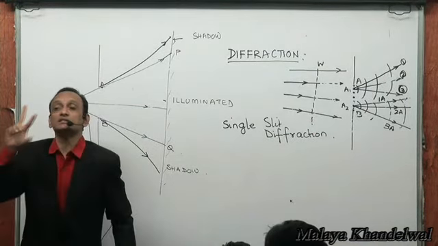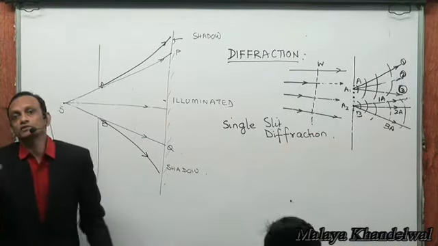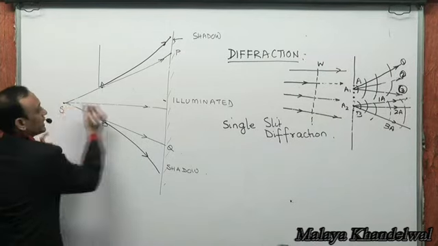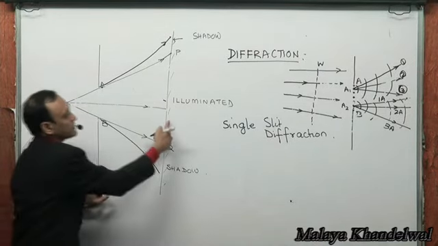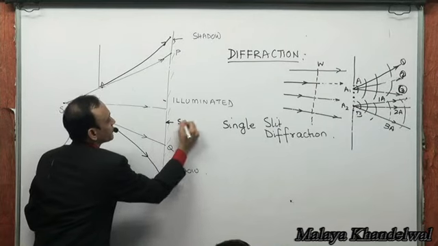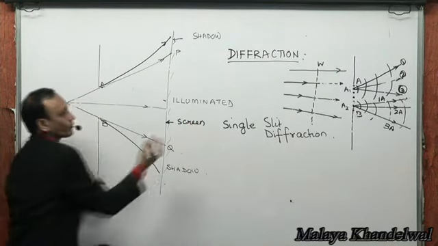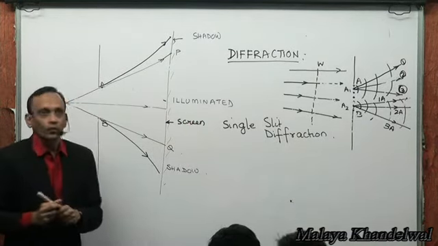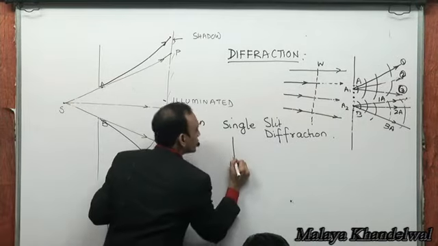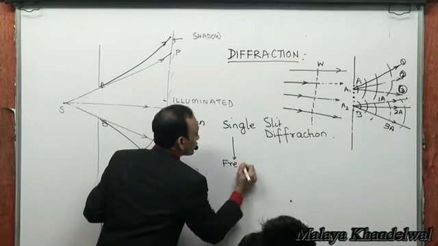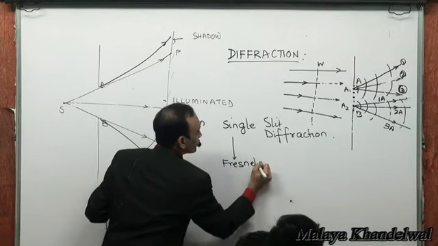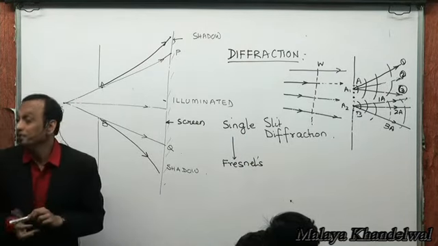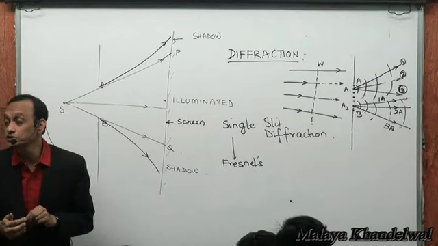And again, in single slit diffraction, there are 2 kinds. See, there is a source and there is a screen. One is what is called Fresnel's arrangement, Fresnel's diffraction.